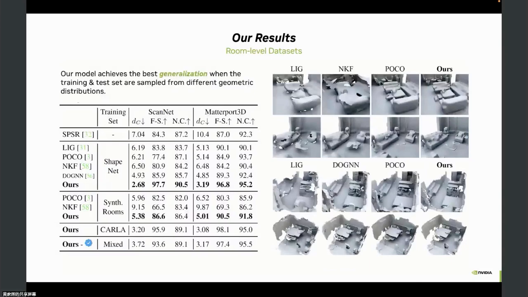We test generalization by sampling the training and testing set from different geometric distributions, which means that we could train on ShapeNet and test directly on a room level data set, because these two are very different geometric distributions.